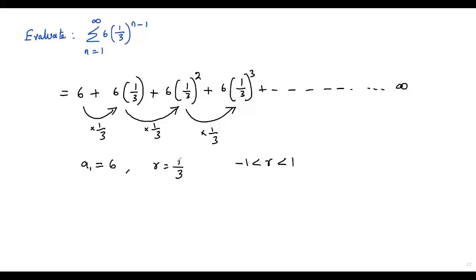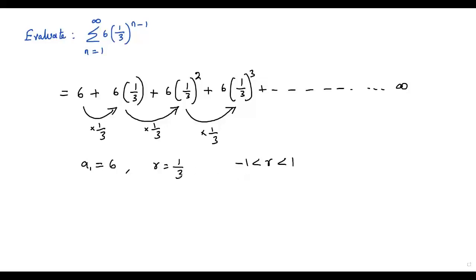Here in our problem, r is 1 over 3, which is 0.333 and so on, a value between -1 and +1. So the given geometric series is convergent, because the common ratio is between -1 and +1.